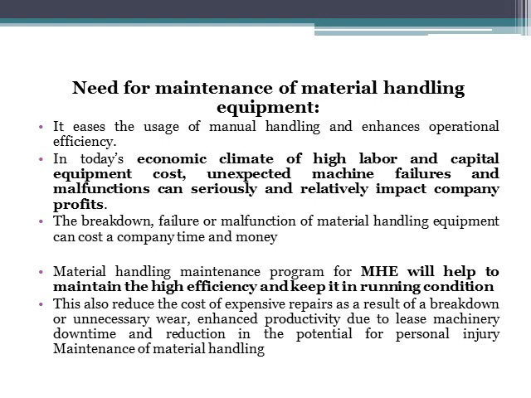So we need to have a detailed preventive maintenance system for maintaining this equipment, because only through a proper preventive maintenance system can we ensure that material handling equipment will work at high efficiency and in good running condition. So the importance of maintenance in material handling equipment is very high. We should have a proper monitored maintenance system.